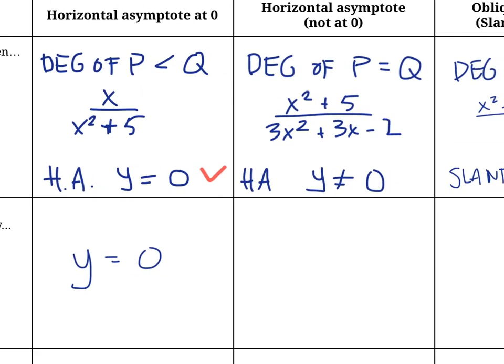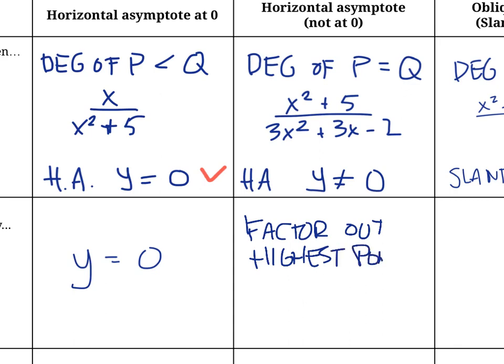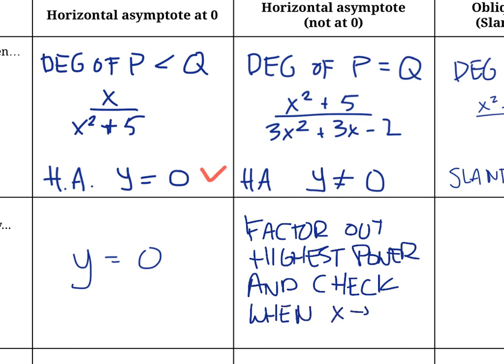But when we want to find the horizontal asymptote when the degrees are the same, we factor out the highest power and check what happens when x goes to infinity and negative infinity, just like we did in that previous question.